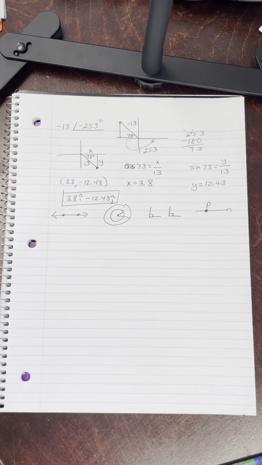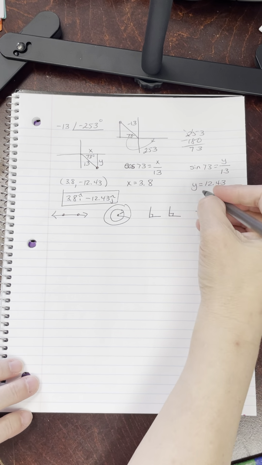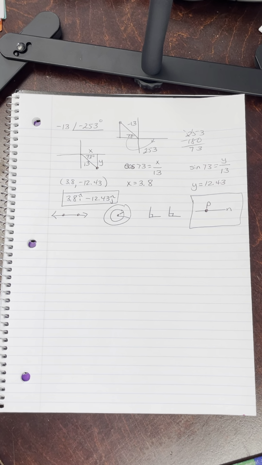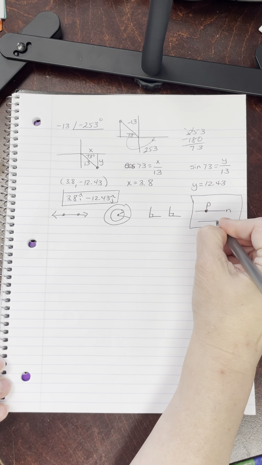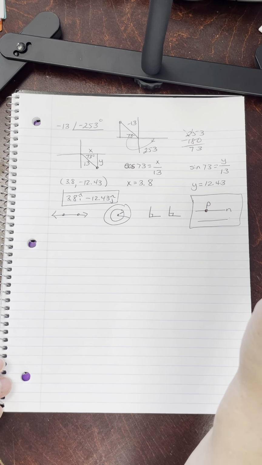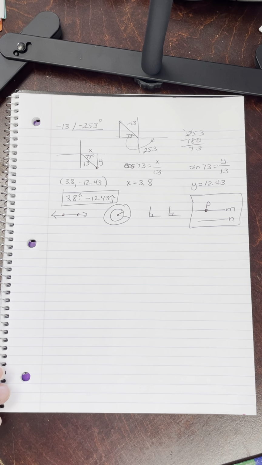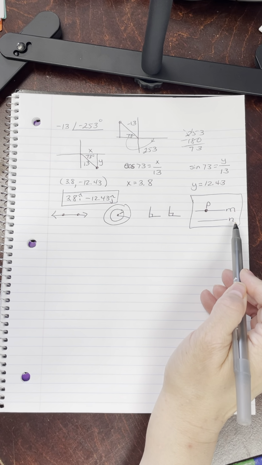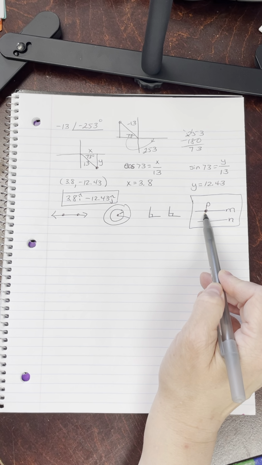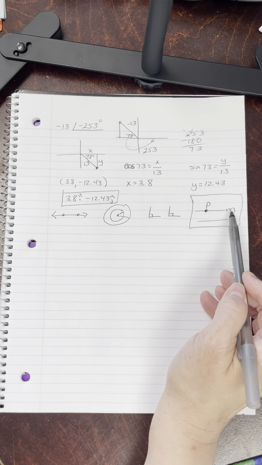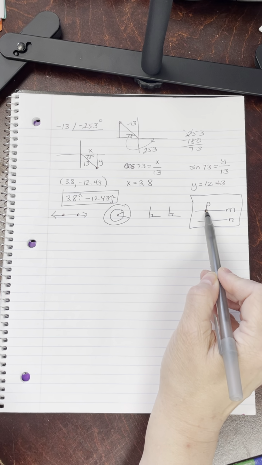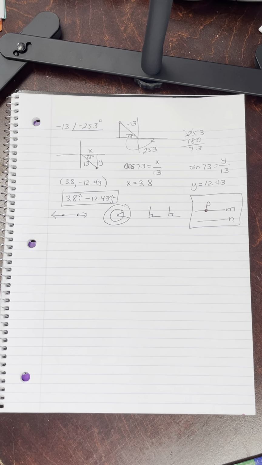So basically, it's trying to say here that if this is in a plane, inside that plane, I can draw through P one and only one line M. The original given line is N, and then there is a point P, and it is saying that there is only one line that I can draw through P. We're going to call it M, but that it will never touch this one, because there's only one line that can go through this point that is basically parallel to this one. Oh, very wordy that.